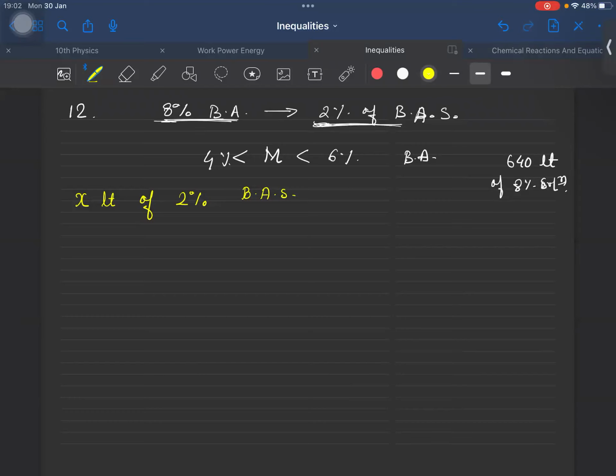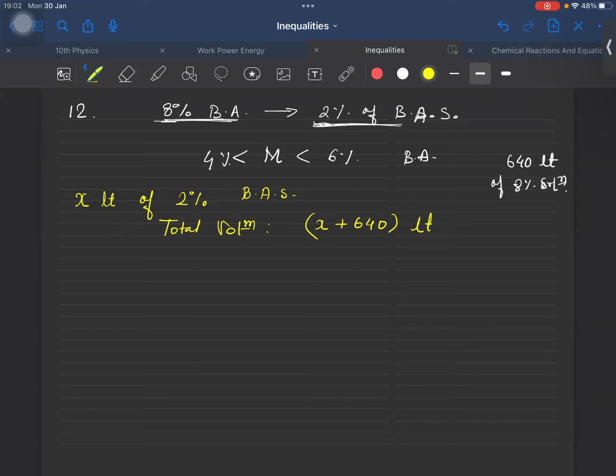So what will be the net volume? Total volume will be x plus 640 liters, because we already had 640 liters.